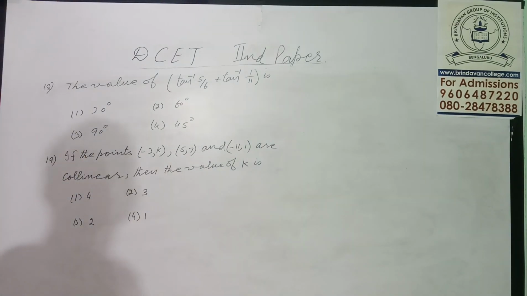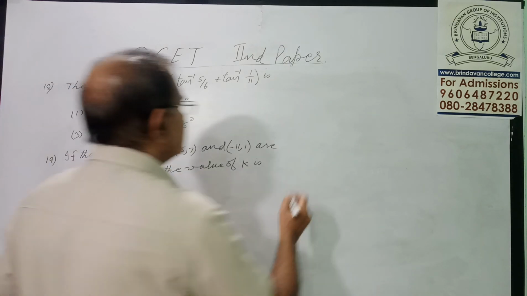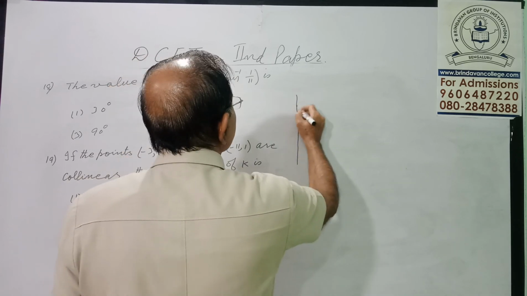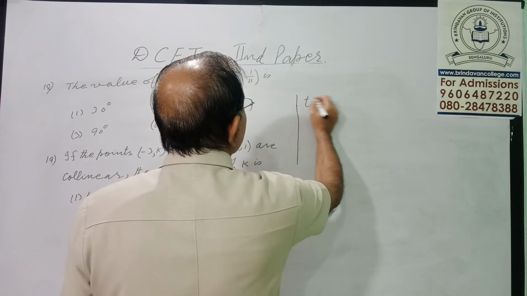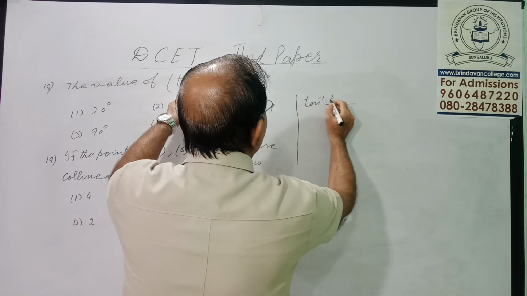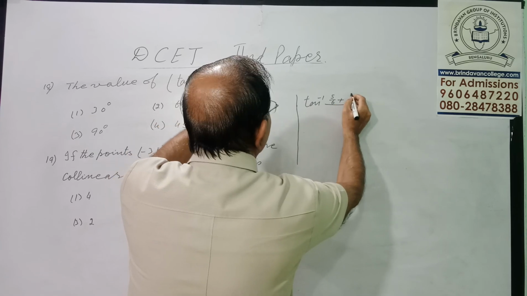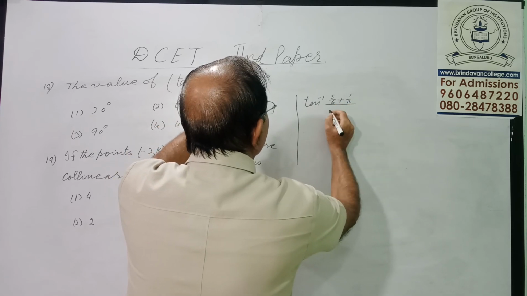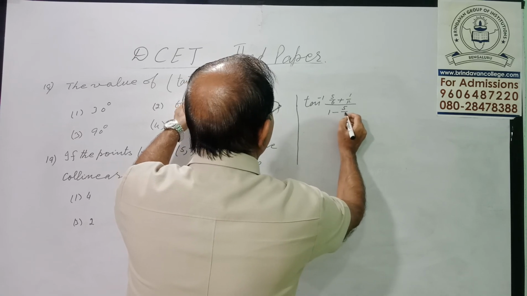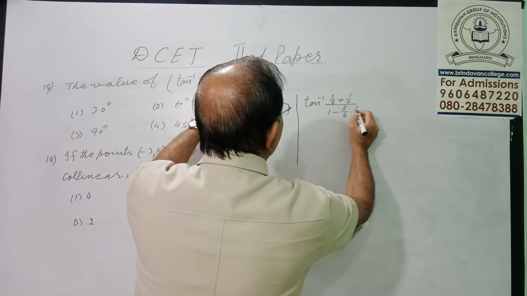Question number 18. The value of tan inverse 5 by 6 plus tan inverse 1 by 11 is, then the angle is given. Use the identity of tan inverse A plus tan inverse B, that is tan inverse (A plus B over 1 minus AB), with 5 by 6 and 1 by 11.